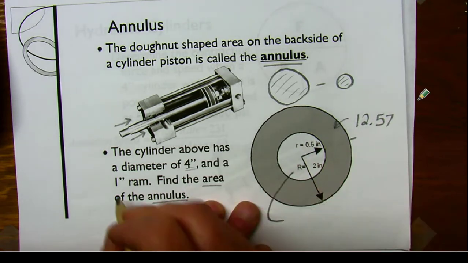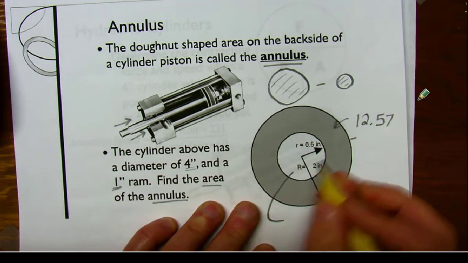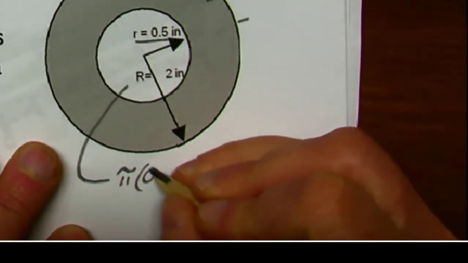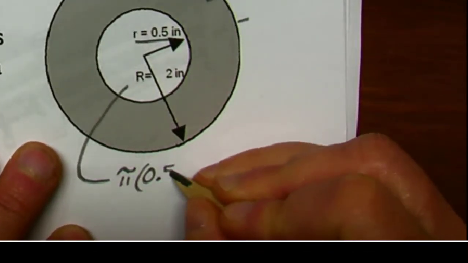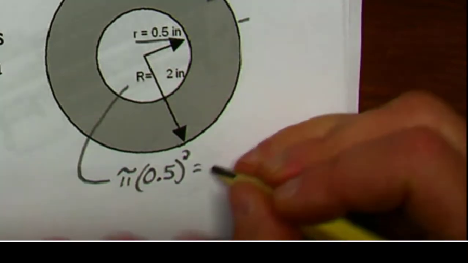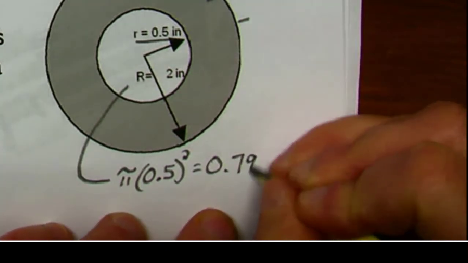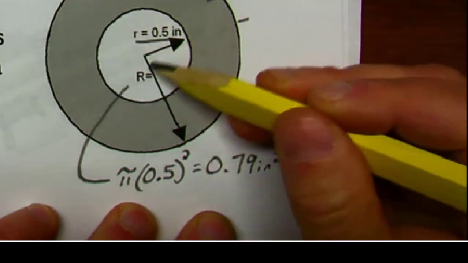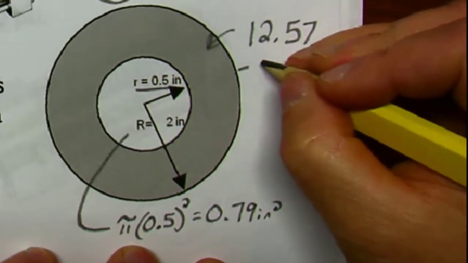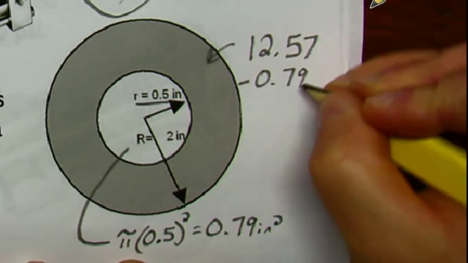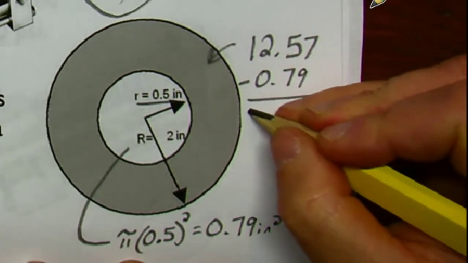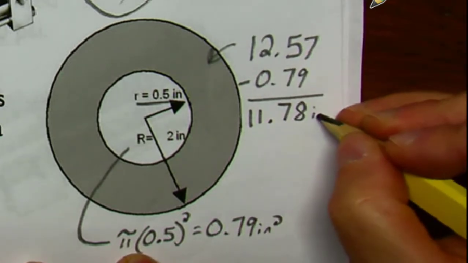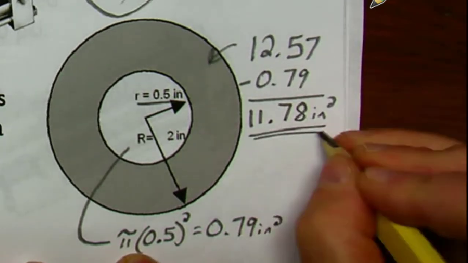If the diameter of the ram is 1 inch, the radius must be 1/2 inch, and the area will be pi times 0.5 squared, and that's 0.79 square inches. So 12.57 is the whole piston, minus the hole in the middle, that's 0.79. And that turns out to be 11.78 square inches.